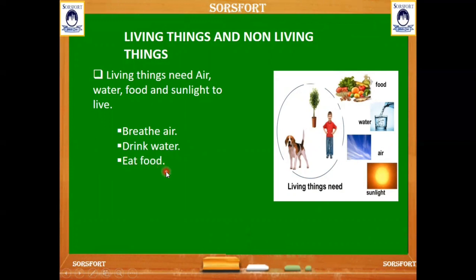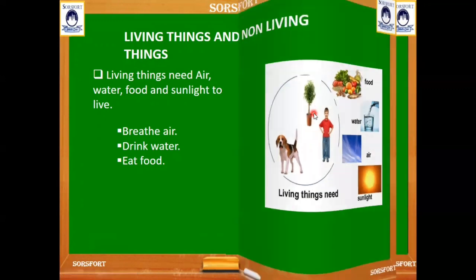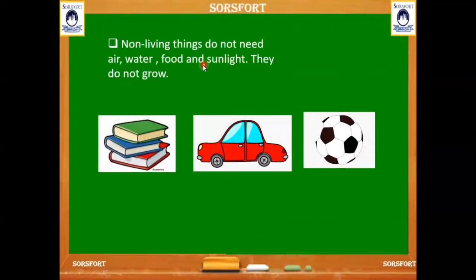Food gives us energy to grow. Animals eat plants and flesh to survive. But the plants prepare their own food. But the non-living things do not need air, water, and food because they do not grow.